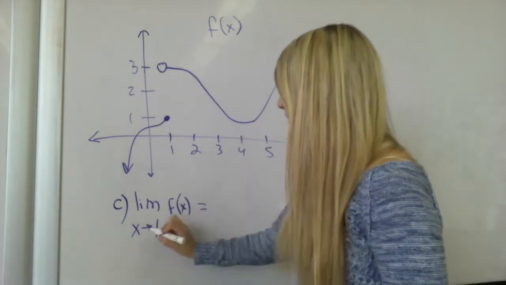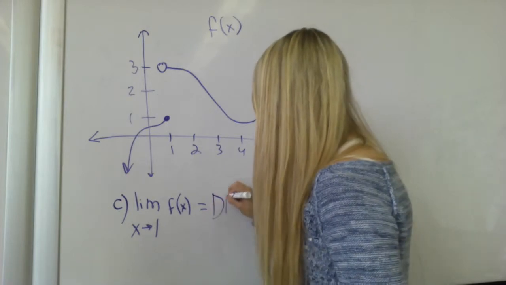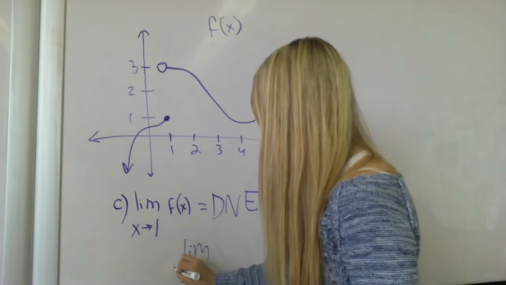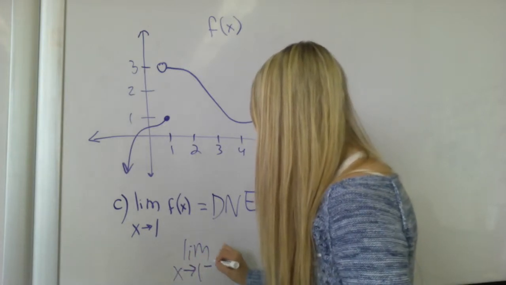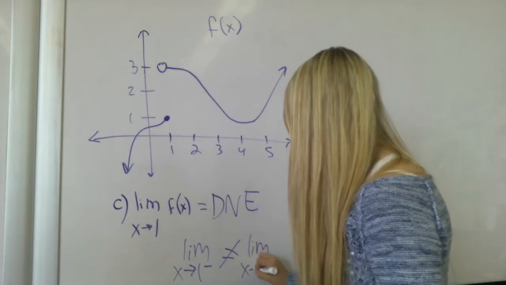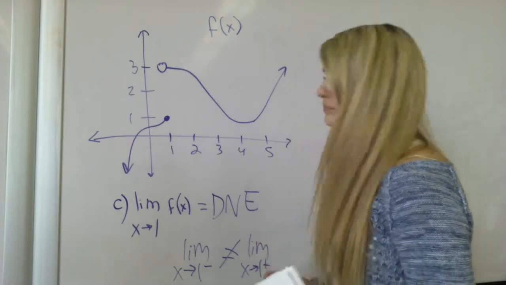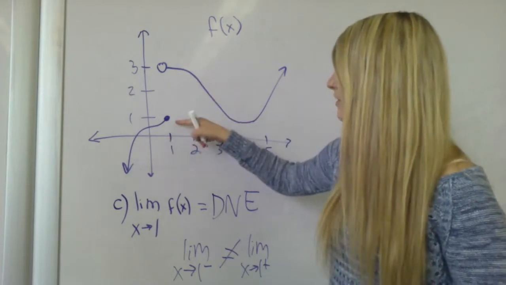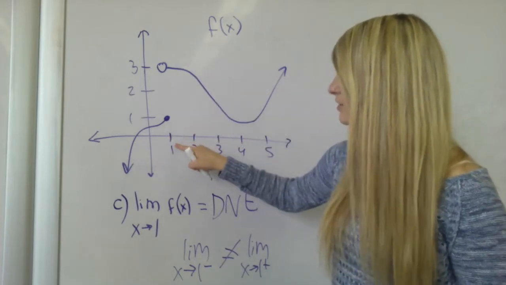So the limit as x approaches 1 does not exist, because the limit as x approaches 1 from the left does not equal the limit as x approaches 1 from the right. Because the right value and the left value aren't the same, there cannot be a limit at that point.